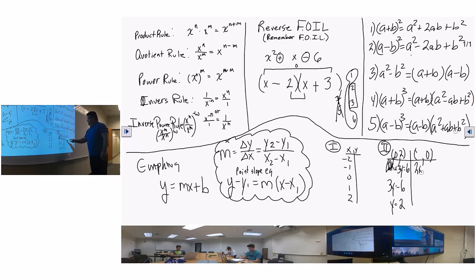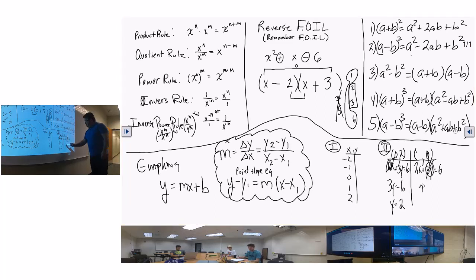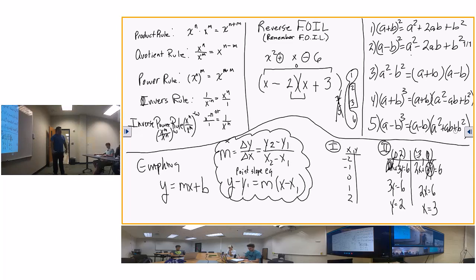Again, 2x plus 3y is equal to 6. That 0 takes that 3y out. You get 2x is equal to 6, x is equal to 3. That's the intercept method. And then the last method is called building the line using the slope and the y-intercept.